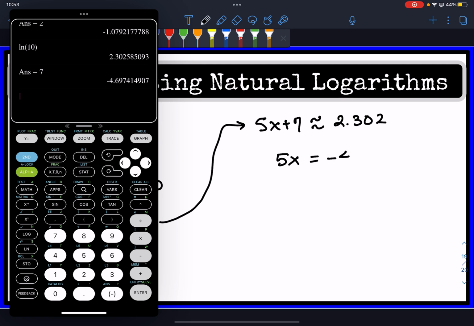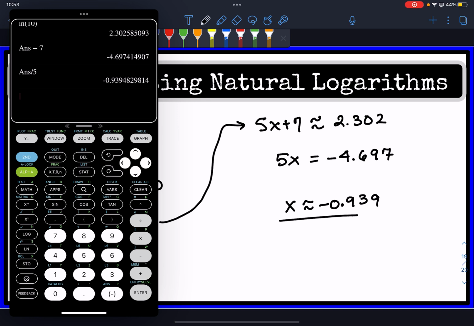That's negative 4.697. And then we're going to divide by 5. So let me divide my answer by 5. And we end up with negative 0.939. So that's the approximated value. And there you have it.